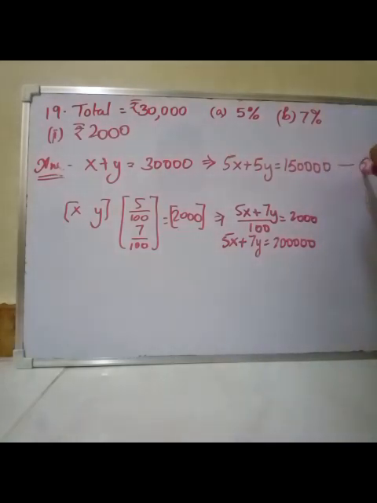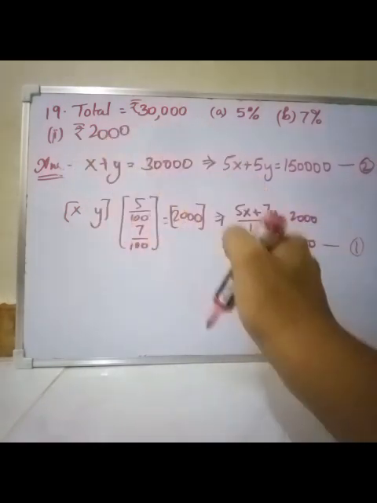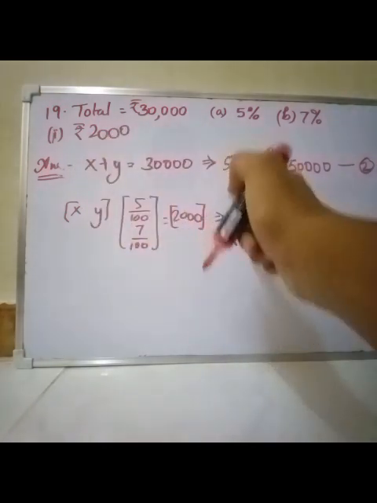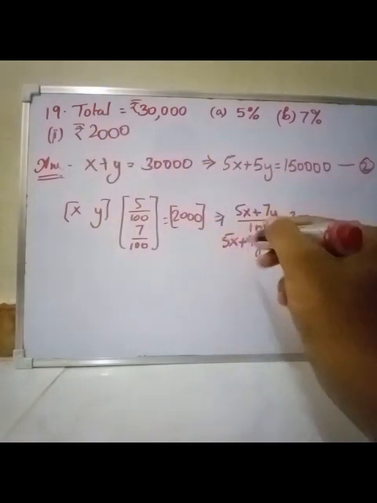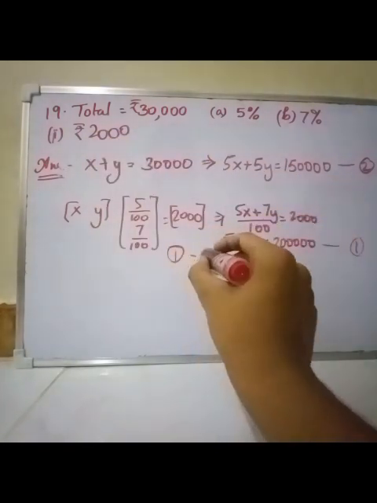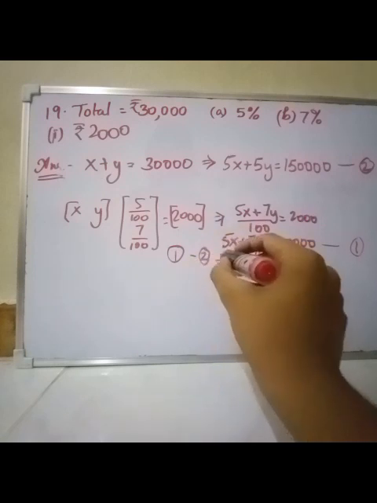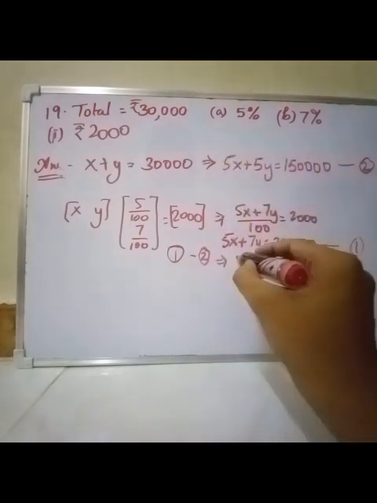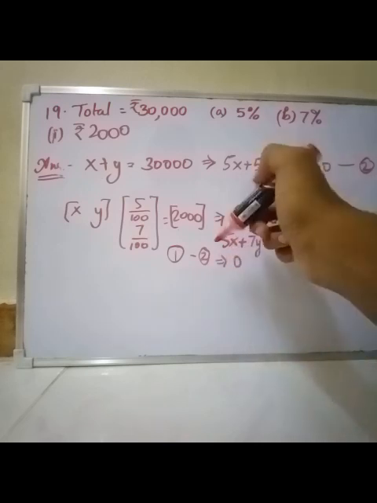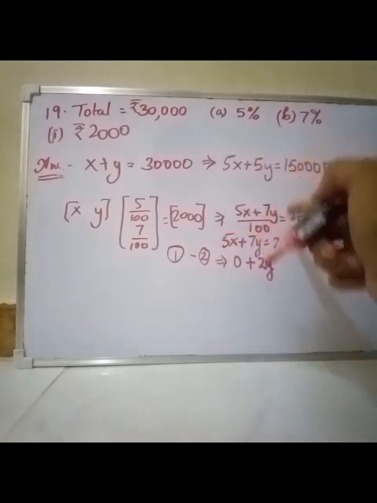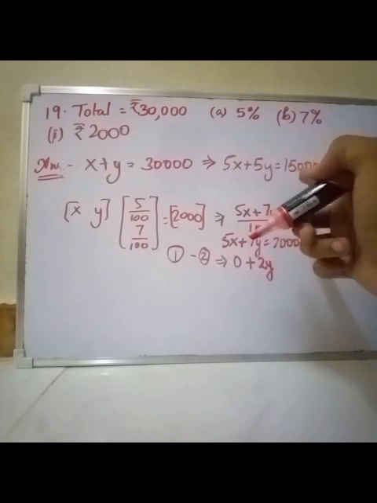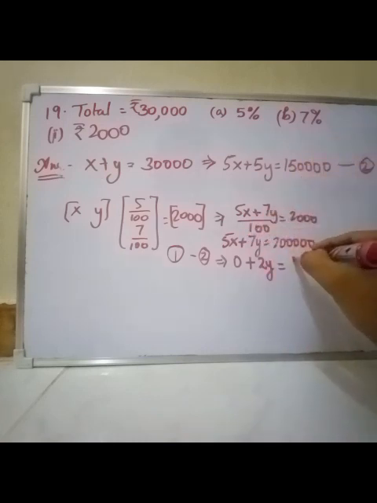This is our second equation, this is our first equation. This one I have multiplied with 5 in order to make the coefficient of x similar, 5, right? So now we are doing 1 minus 2, so 5x minus 5x would be 0, and 7 minus 5 would be plus 2y, and 2 lakhs minus 1.5 lakhs would be 50,000.